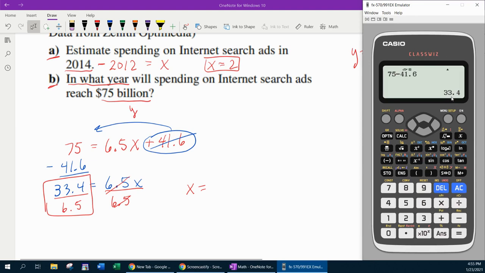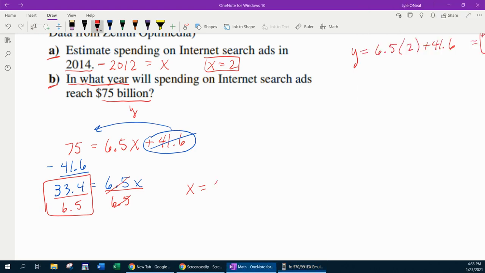All right, so we've got 33.4 divided by 6.5. It's not a whole number. SD: 5.138. Okay, let's write that down. 5.138. That would be in years.